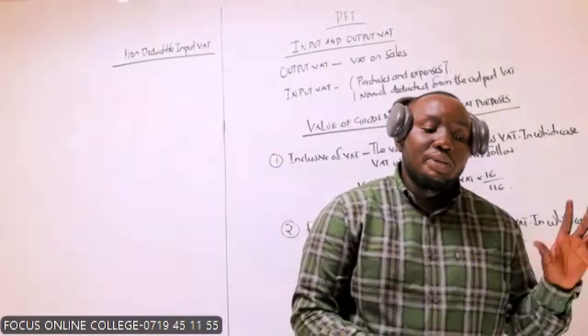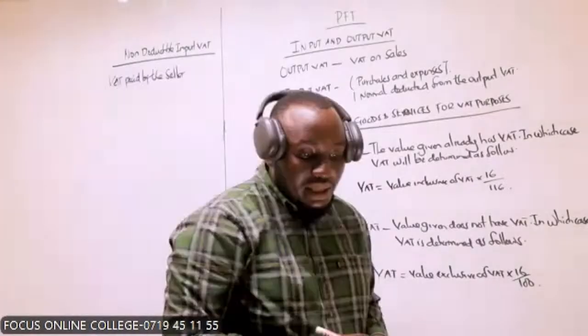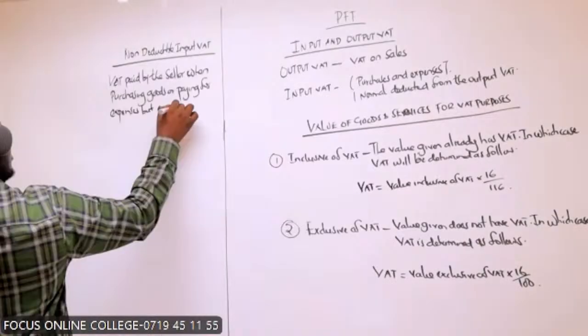So we say VAT paid by the seller or trader when purchasing goods or paying for expenses, but cannot be deducted against output VAT.